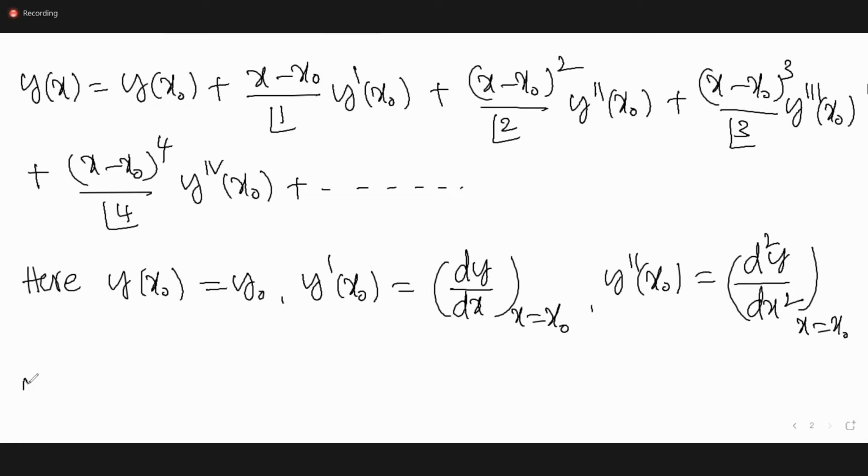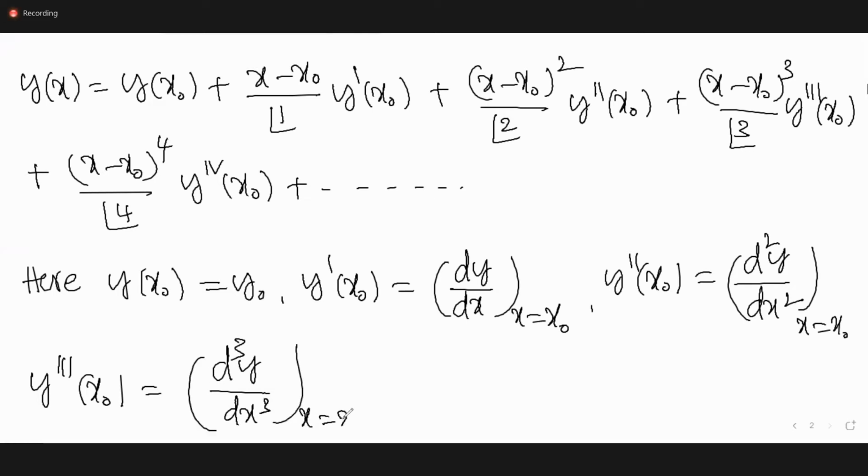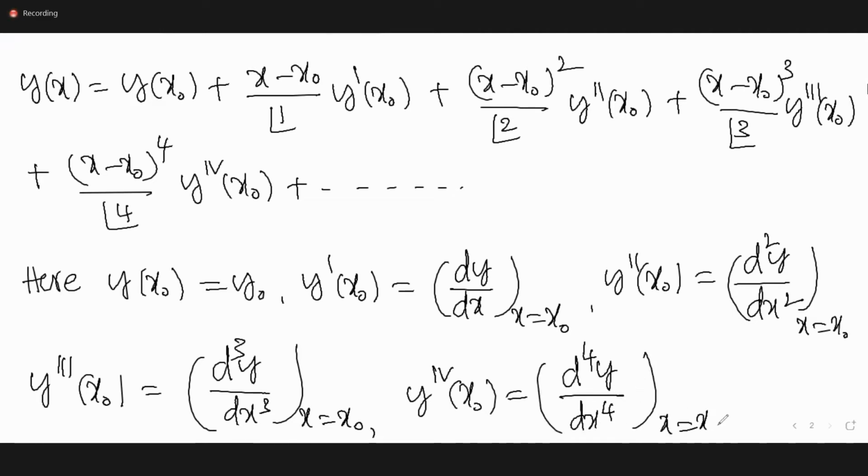Next, what is y triple dash of x naught? It is nothing but d cube y by dx cube at x is equal to x naught. Next, what is y fourth derivative of x naught? That is the fourth order derivative of y with respect to x at a point x is equal to x naught.